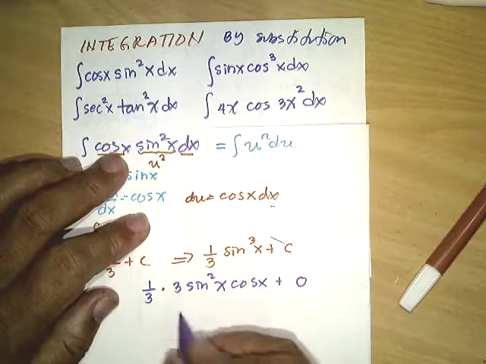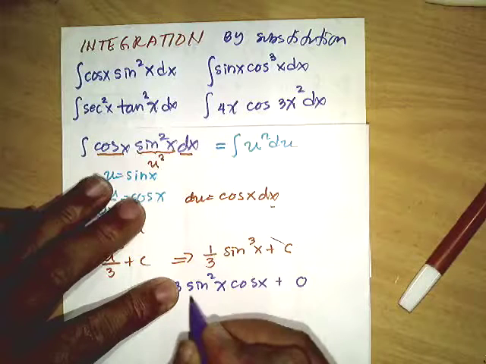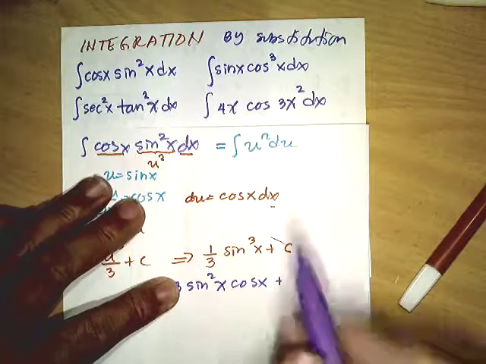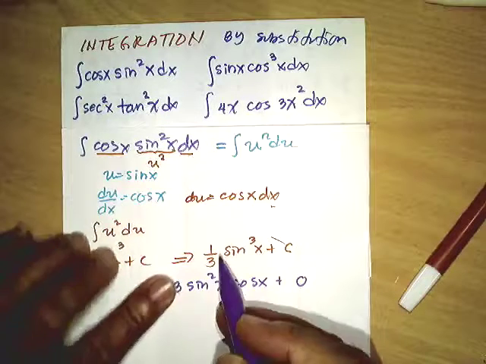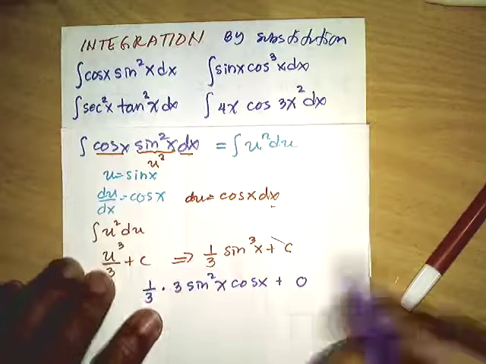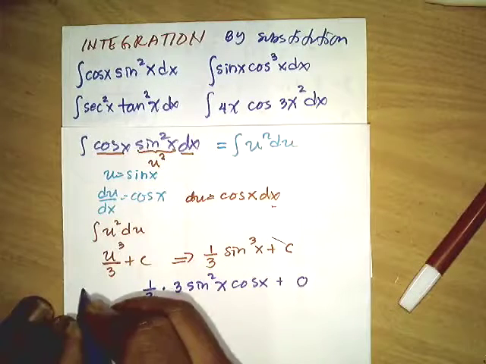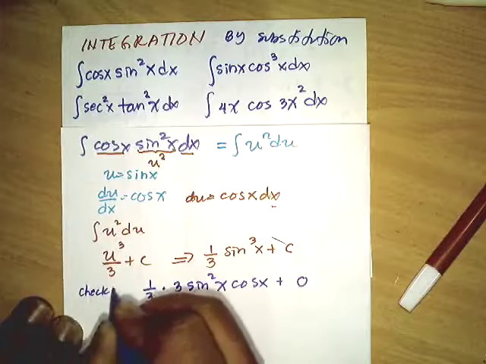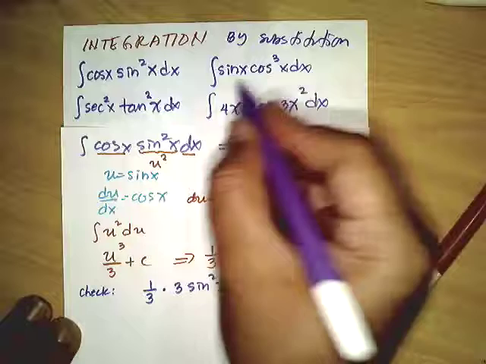When you simplify, the 1/3 times 3 cancel each other out. So this becomes sine squared x cosine x, which is our integrand. So it means our answer is correct, our substitution is correct. Again, this is only the checking part. Let's proceed to the next example.